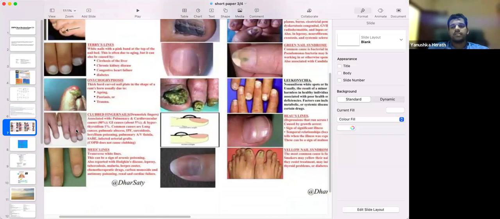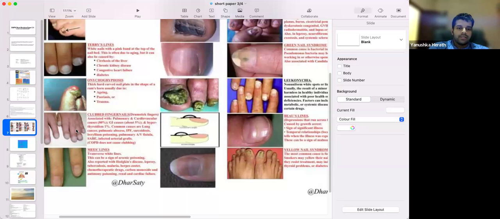There are cardiology causes, then the gastrointestinal causes, Eisenmenger syndrome, cyanotic heart diseases, infective endocarditis, then bronchiectasis, idiopathic pulmonary fibrosis, empyema, lung abscess, and even CLCD and thyrotoxicosis can cause it.